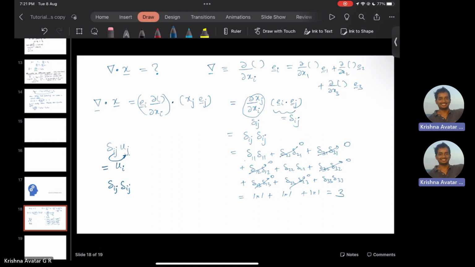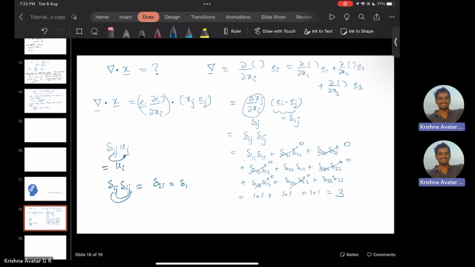I is repeated in both the deltas in the same grouping. So j is repeated, and what it will do is replace j with i. So this will be delta ii. And you know that if an index appears twice, it simply means there is a summation involved.